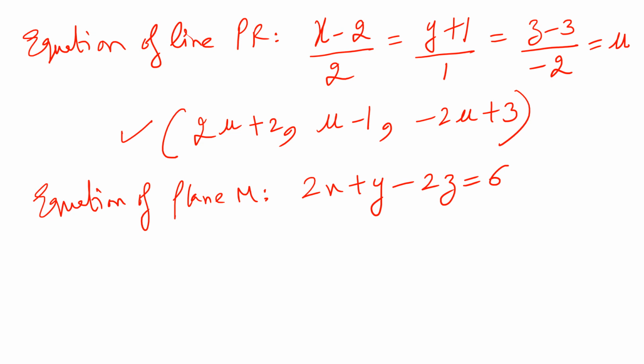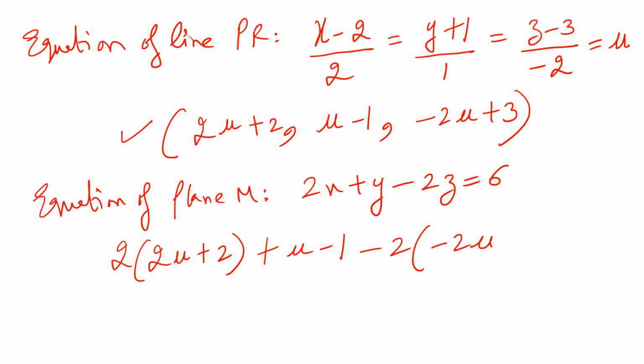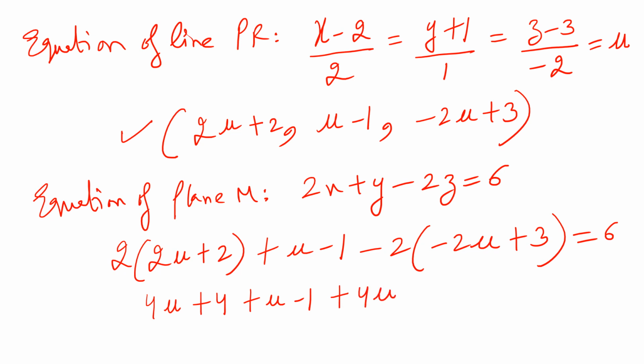So now when we put the general coordinates in terms of mu in the equation of plane M, then it becomes 2 times (2 mu plus 2) plus (mu minus 1) minus 2 times (minus 2 mu plus 3) equal to 6. Now it becomes 4 mu plus 4 plus mu minus 1 plus 4 mu minus 6 equal to 6.